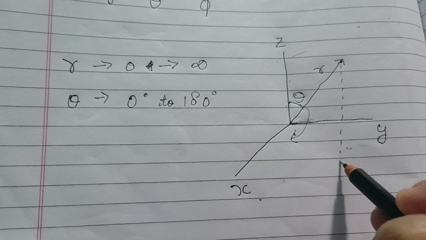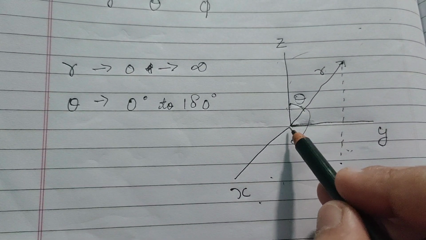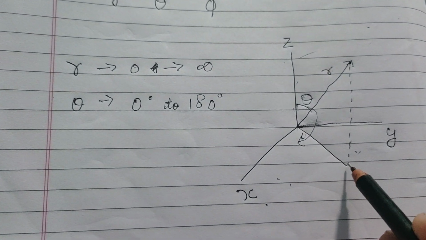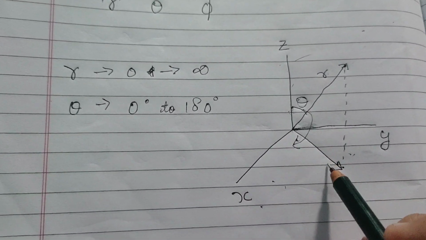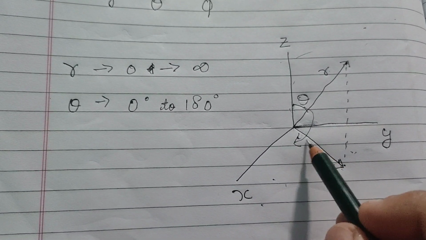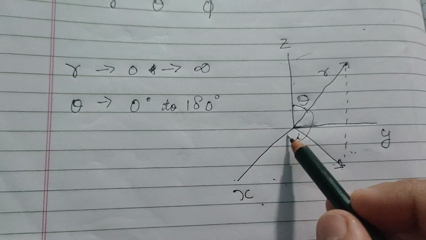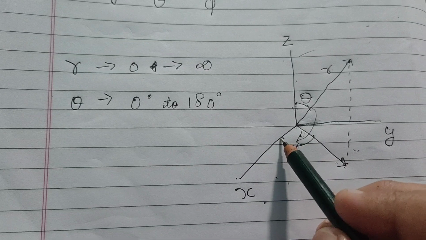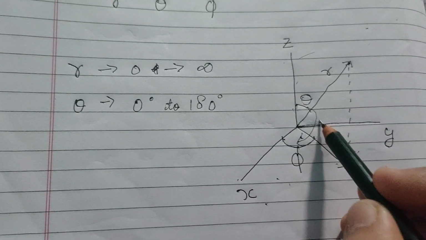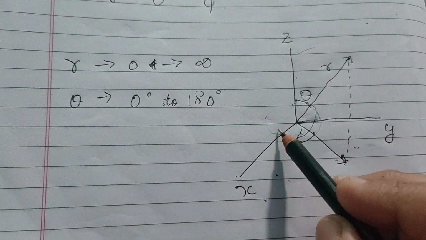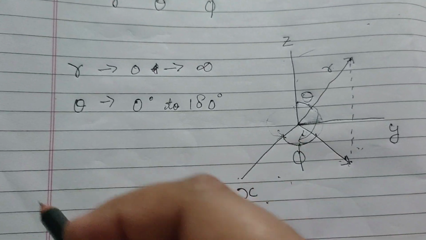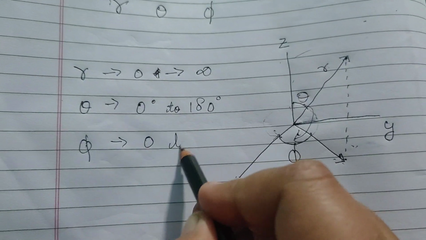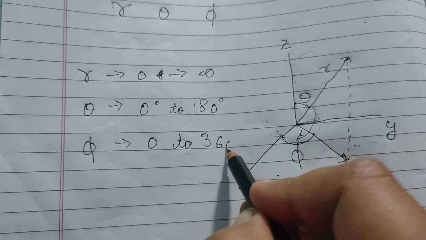So this is the point in the xy plane, and if we join that point to the origin, this line subtends an angle with the x-axis, and this is known as phi. So phi goes from 0 to 360. The limit of phi is 0 to 360 degrees.